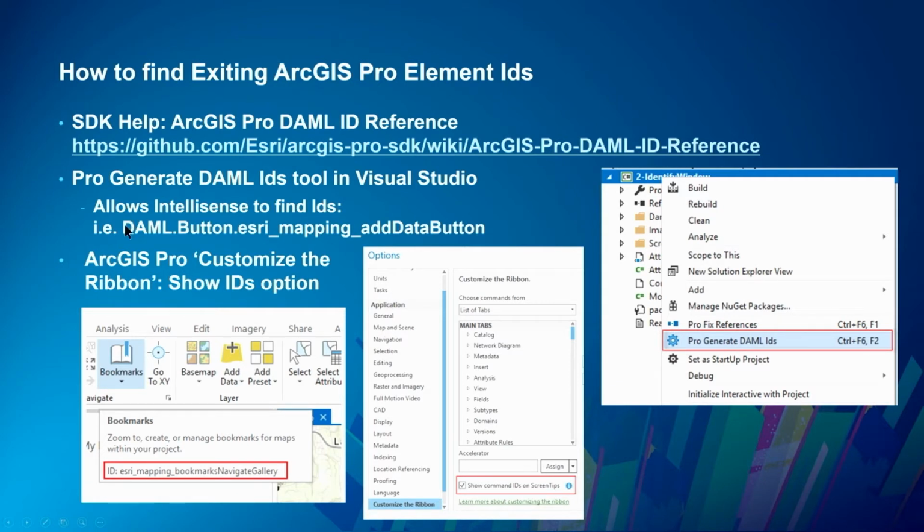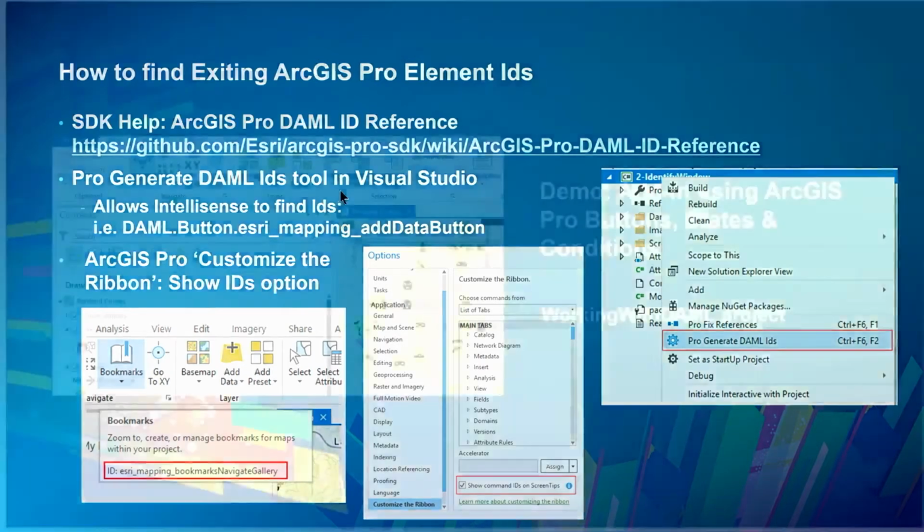And then this will allow you to use IntelliSense to find the IDs. The way you use IntelliSense is you start out with DAML.button. And then everything within ArcGIS Pro starts with Esri underscore and then the extension and then underscore whatever the button does. It's kind of standardized that way.